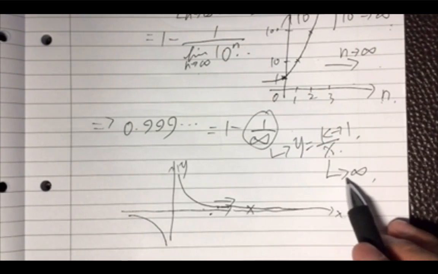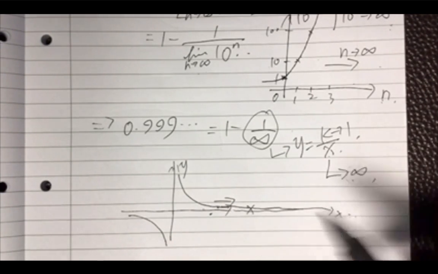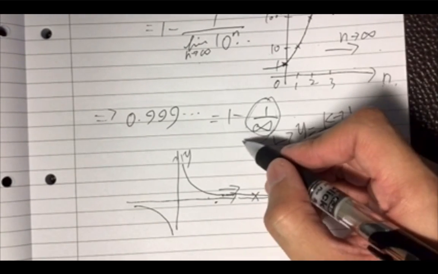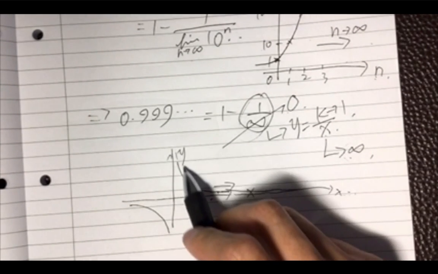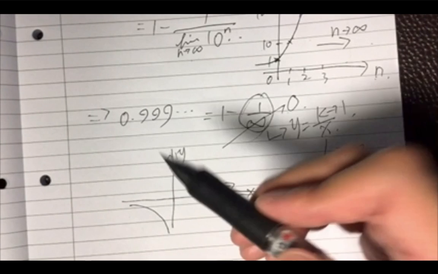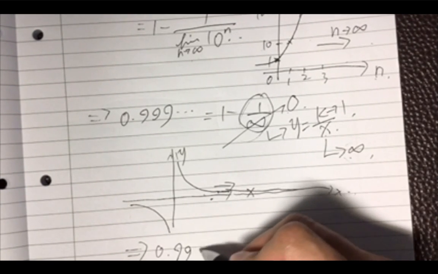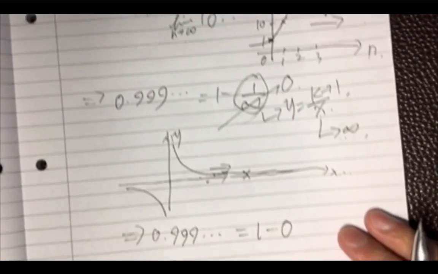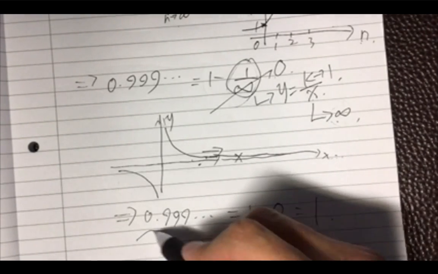But when x goes to this extreme case, the denominator also goes to an extreme case. So this term will be going to 0, because it's all the way approaching 0. So eventually we got 0.9 repeating equals 1 minus 0, which is just 1. This will be the result.